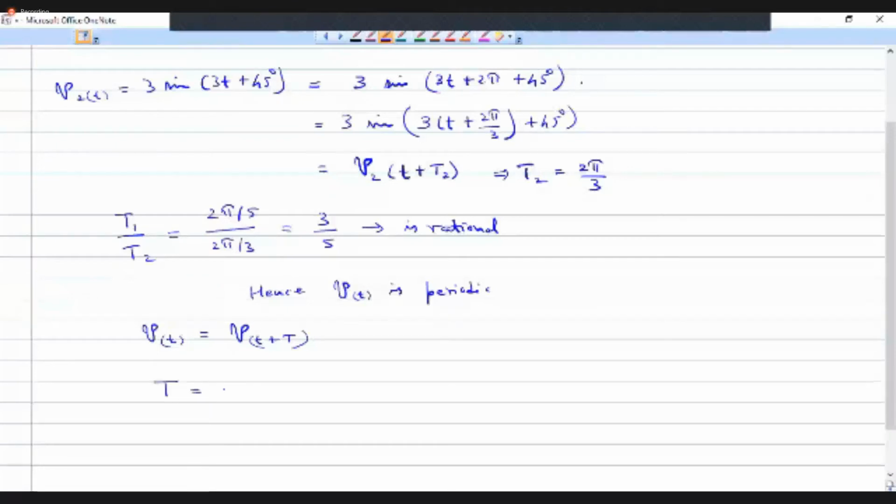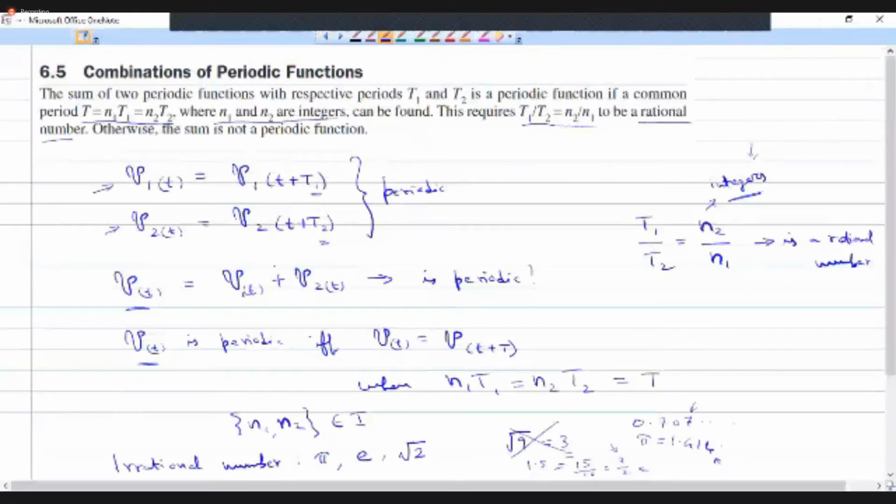In the previous slide, I told you that when we add v1 of t and v2 of t, which are periodic signals, and we get a new function v of t, then we can say that it is periodic if we can express v of t is equal to v of t plus capital T.